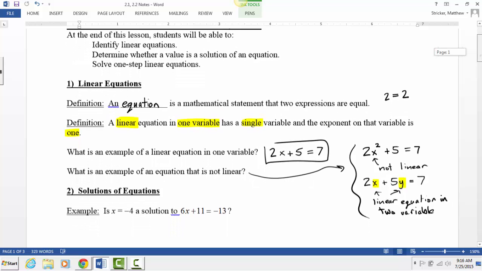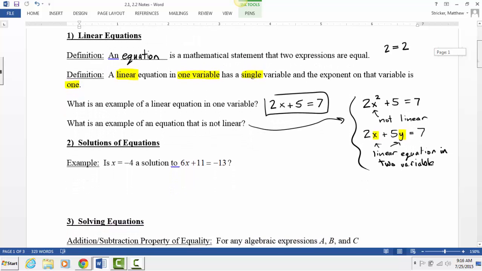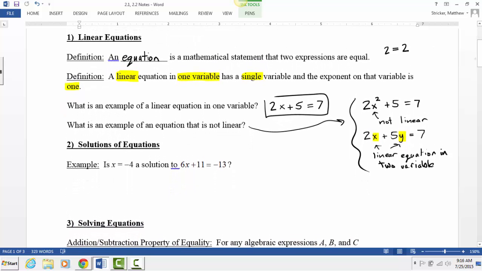One of the first things we do when we start to talk about linear equations is solutions, and eventually we're going to be finding solutions to linear equations. But what if we want to know if x equals -4 is a solution to 6x plus 11 equals -13? Now remember, a variable can be any value.